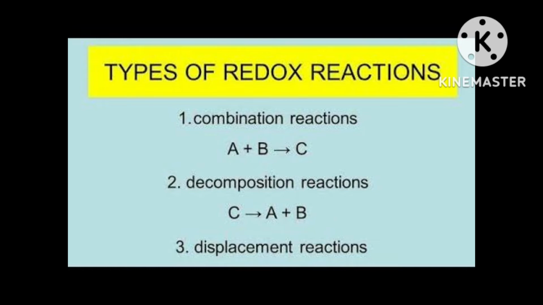Oxygen has oxidation number -2. In CO2, 2 oxygens are there, so total oxygen is -4.